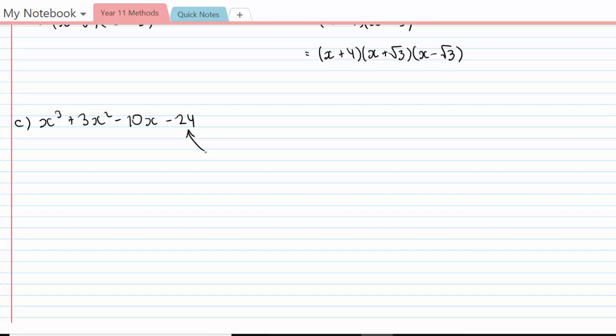So let's start trying numbers. I'm going to try factors of -24, so I could have plus or minus 1, plus or minus 2, plus or minus 3, plus or minus 4, plus or minus 6. And I really don't want to go any further than that.